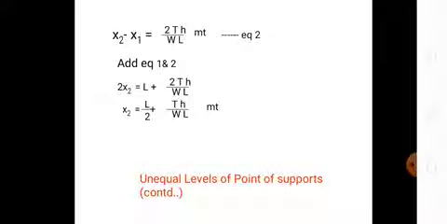Substituting in equation 1, x1 is equal to L by 2 minus TH by WL. So we get the two formulas: x2 is equal to L by 2 plus TH by WL, and x1 is equal to L by 2 minus TH by WL. Having found x1, x2, S1 and S2, then H can be calculated.